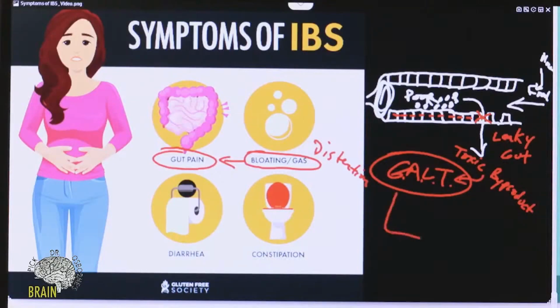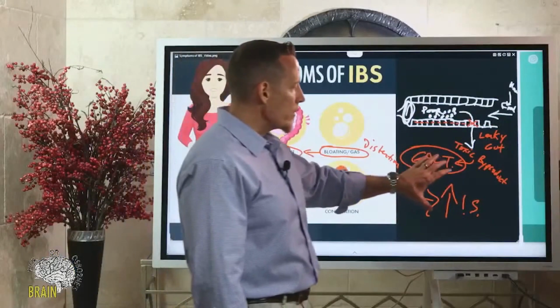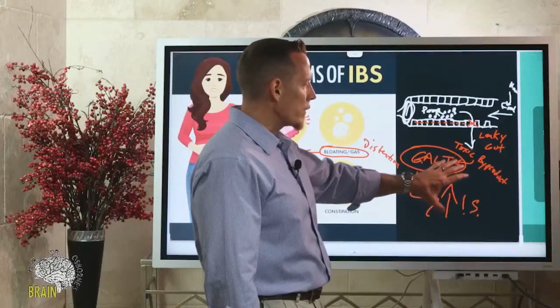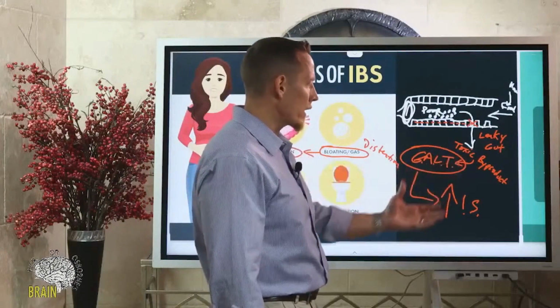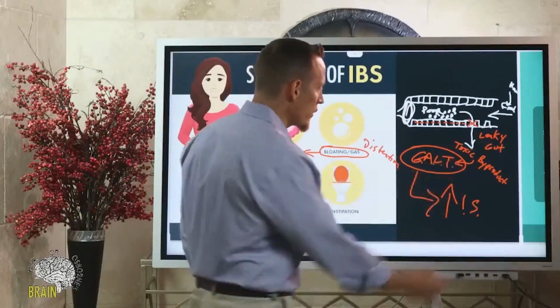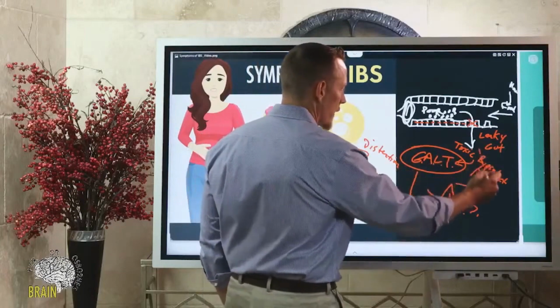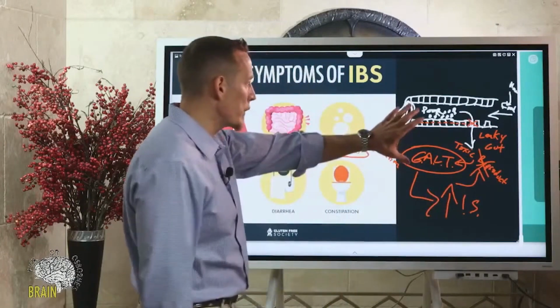And so what does that do? It engages your immune system, turns it up, it ramps it way up. And so now you have antibodies and other things that are starting to be produced. You have other cytokines and toxic chemicals that can create damage in an effort to try to neutralize that toxic byproduct. And this makes people even sicker.